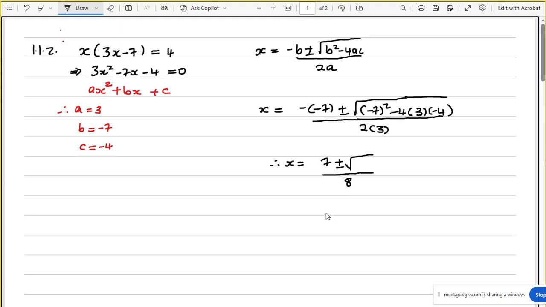What do you guys get inside the square root? 97. Okay, so this tells us that x is equal to 7 plus the root of 97 over 8, or x is equal to 7 minus the root of 97 over 8.